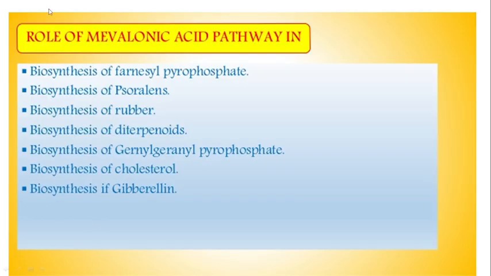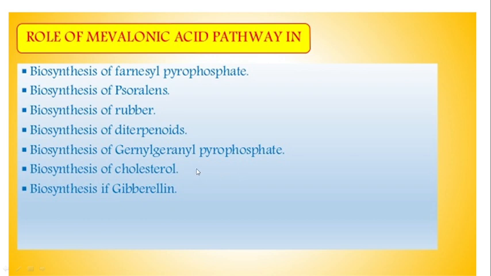So the role of the mevalonic acid pathway is biosynthesis of farnesyl pyrophosphate. So farnesyl pyrophosphate is produced, and from that different secondary metabolites can be synthesized. Solanine can be biosynthesized by this pathway. Biosynthesis of rubber, diterpenoids are also produced from this farnesyl pyrophosphate.